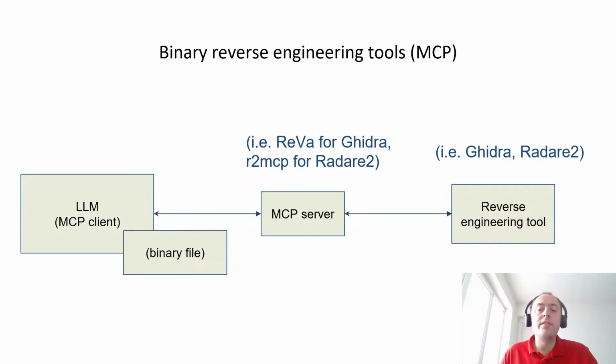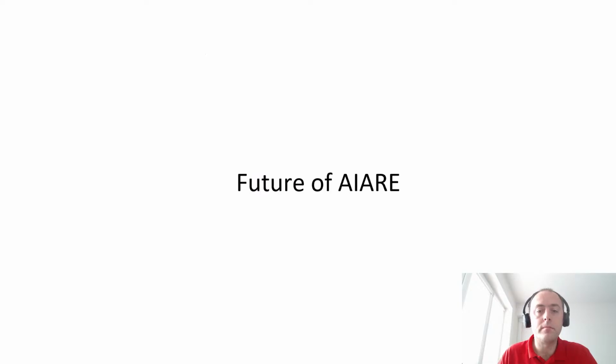Then this tool returns the decompiled source code to the LLM, and the LLM further analyzes it and provides, for example, function names, simplifies the code, and so on and so forth. So in this kind of pipeline, we are able to directly integrate a large language model with a third-party tool to facilitate the process of analysis.